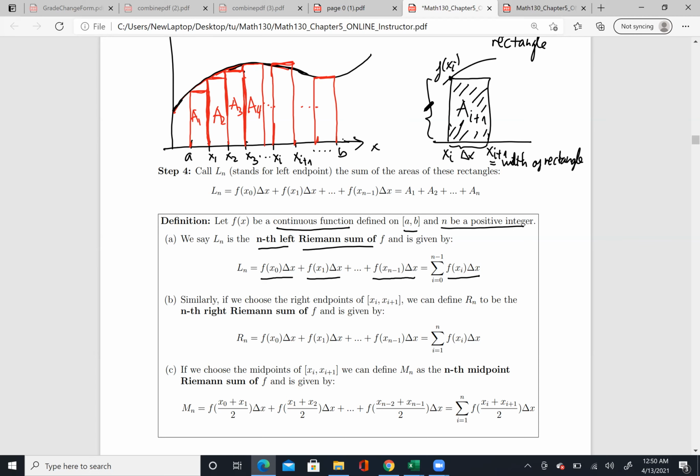For the n right Riemann sum, it's the same thing, but now it's the sum from i equal to 1 to n of f(x_i) delta x. Right? Because now you're using the right endpoint.